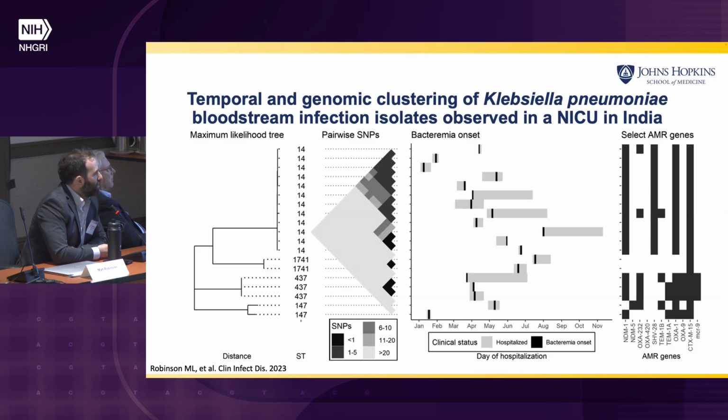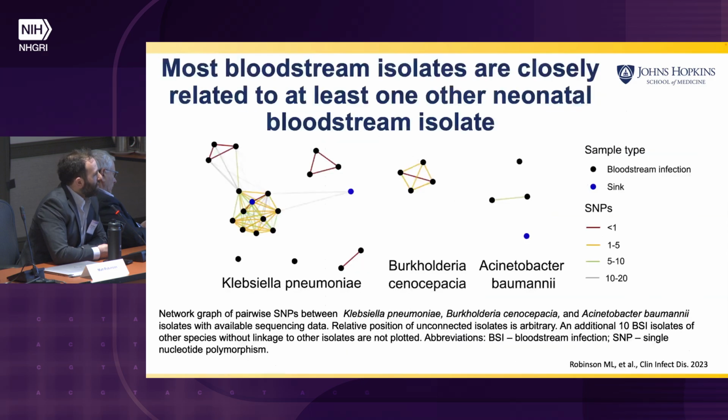This is showing 19 cases of Klebsiella pneumoniae observed in a neonatal intensive care unit. You can see here that there is overlap in the hospitalizations among patients with very closely related isolates. In fact, a little more than half of all gram-negative bloodstream infections that we observed in this neonatal intensive care unit were closely related to another bacteria also observed in that unit.